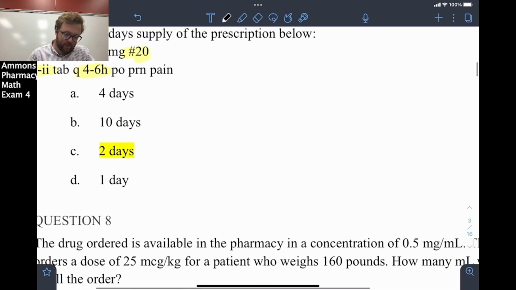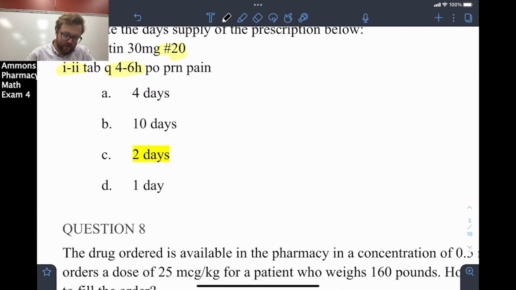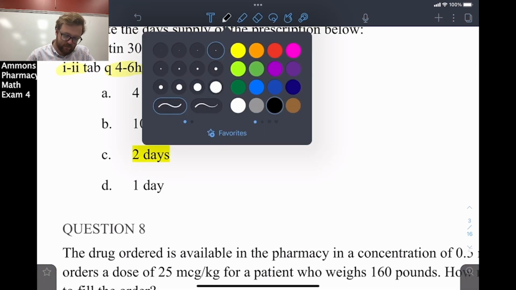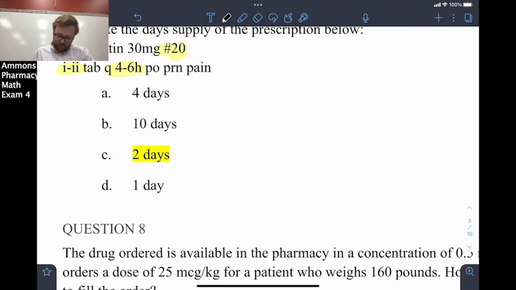So what is the most tabs he can take at once? That is 2 tabs. So every 4 to 6 hours. Which one happens more? Every 4 hours happens more frequently, right?